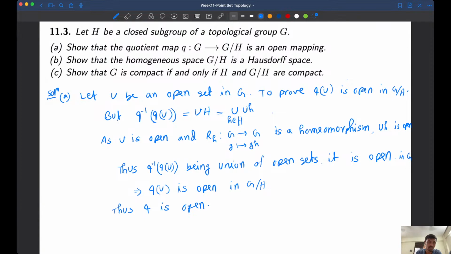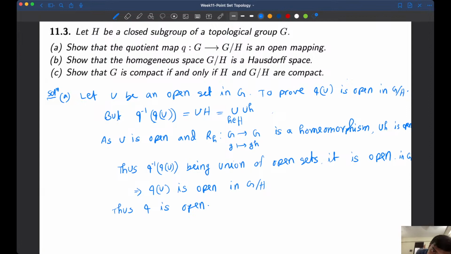Sir, Q inverse of Q(U) being a union of open sets, up to here it's okay. But why does it imply Q(U) is open in G mod H? On G mod H we have the quotient topology, right?